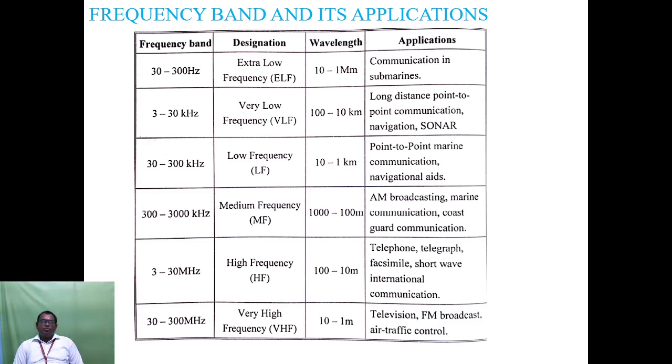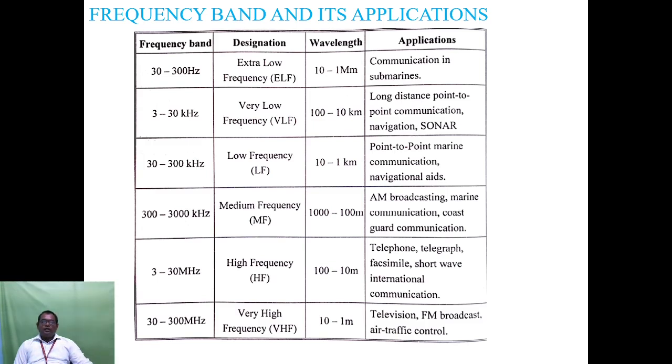The band 3 to 30 megahertz is high frequency, the wavelength is 100 to 10 meters, and it is used in telephone, telegraphy, facsimile, that is fax, and shortwave international communication. The range 30 to 300 megahertz is very high frequency, the wavelength is 10 to 1 meter, and it is used in television, FM broadcast and air traffic systems.